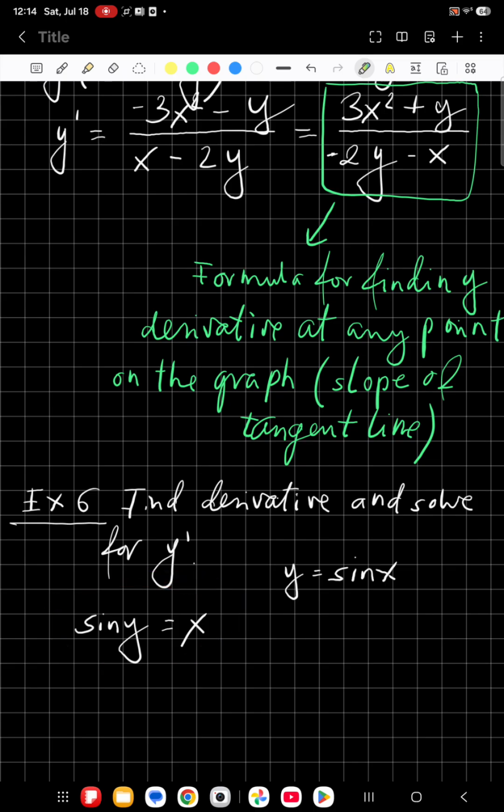We'd be plugging in values of the sine function, like one half, and asking what the angle is. Normally it would be written as y equals sine inverse, with the negative 1, like this or like this.